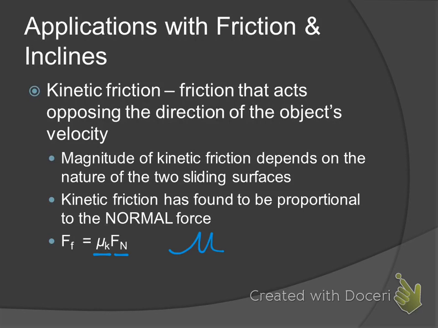And they put this subscript K just showing us that it's the coefficient of kinetic friction. I don't need you to include that subscript all the time. We're going to deal with kinetic friction much more than we deal with the other type, but that's what that K is for. It's telling us that it's the coefficient for kinetic friction.